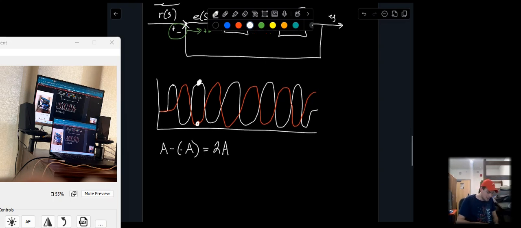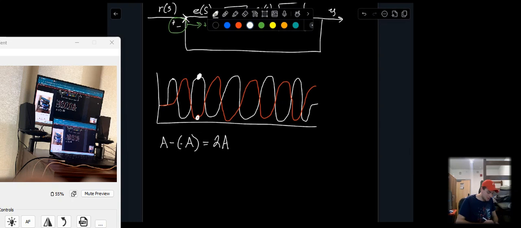If the phase angle stays the same, what's going to happen? This is going to get even more negative and then even more positive, and as a result, this will get even more negative and even more positive, and then positive and then negative, and begin to expand. And what you have is an unstable system.